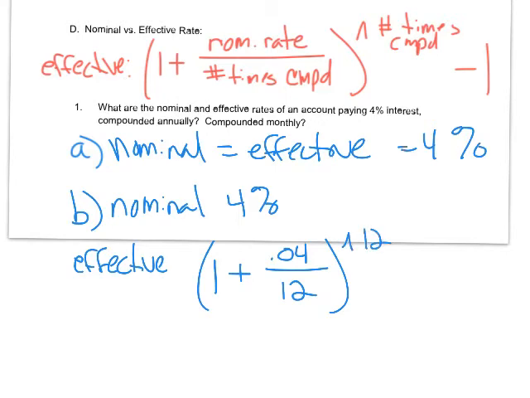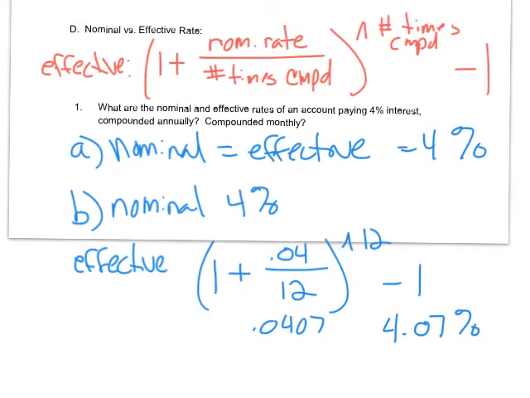You calculate that and then subtract away a 1. It doesn't seem nearly as complicated as it was before. When you do all that, you end up with 0.0407. So the effective rate is 4.07%.